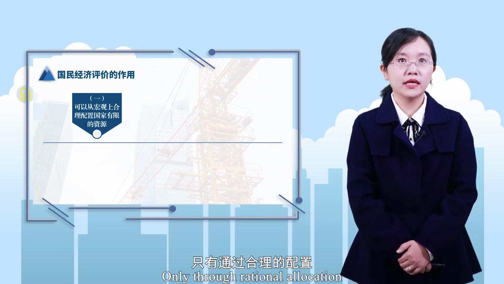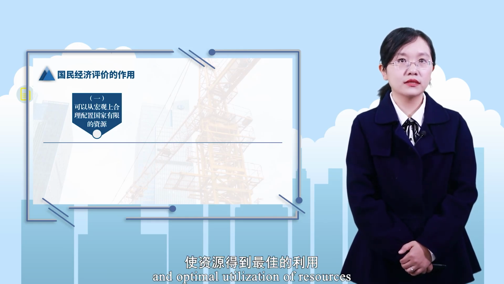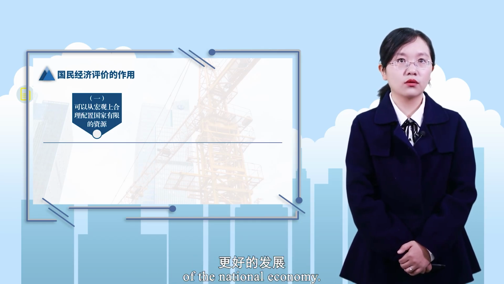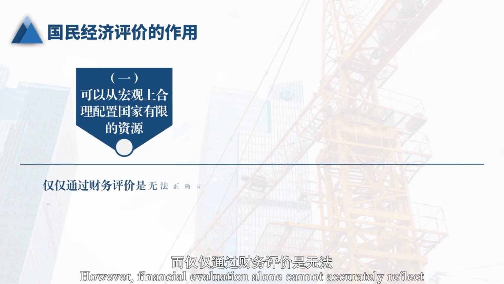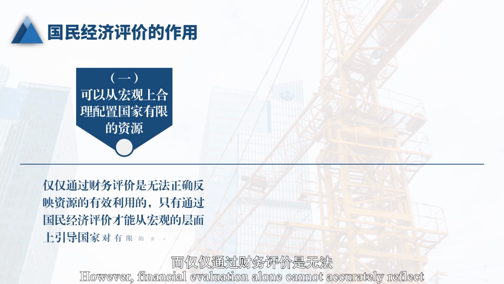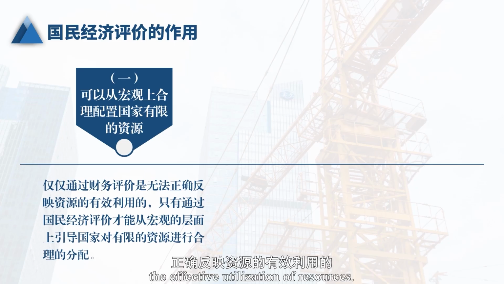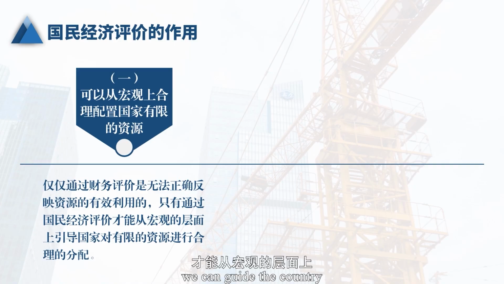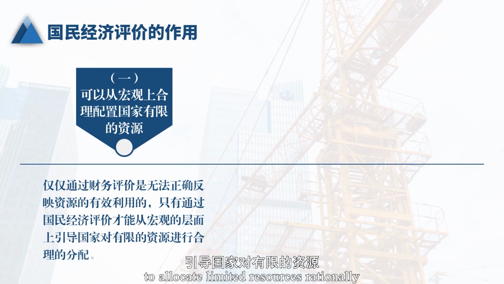Only through rational allocation and optimal utilization of resources can we effectively promote better development of the national economy. However, financial evaluation alone cannot accurately reflect the effective utilization of resources. It is only through national economic evaluation that we can guide the country to allocate limited resources rationally.